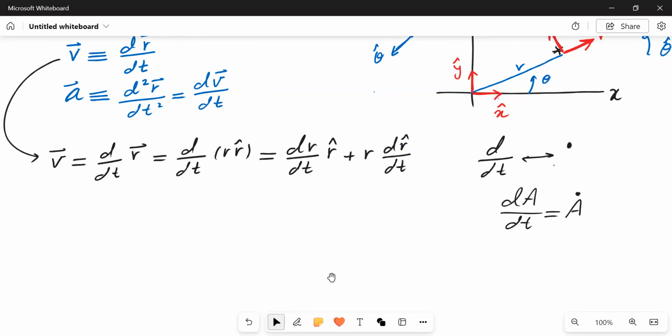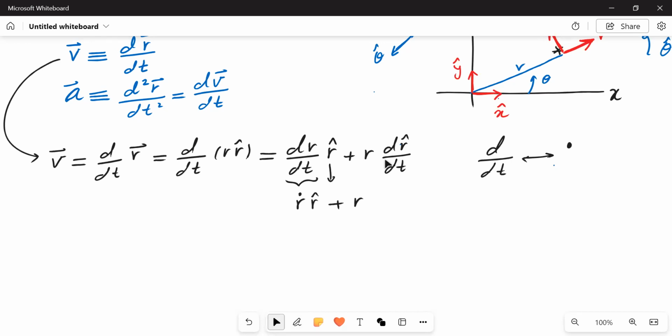This is just the compact form of showing it. So if I use this change of notation, then the time derivative of the radial distance here would be given by r dot. So I have r dot times r hat plus r.